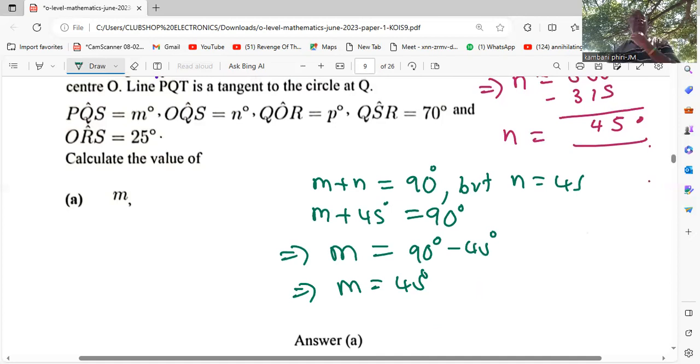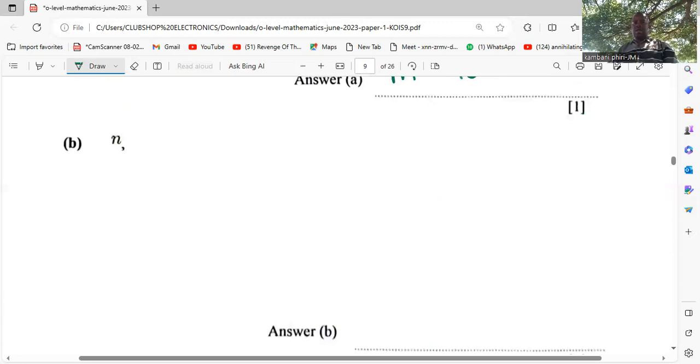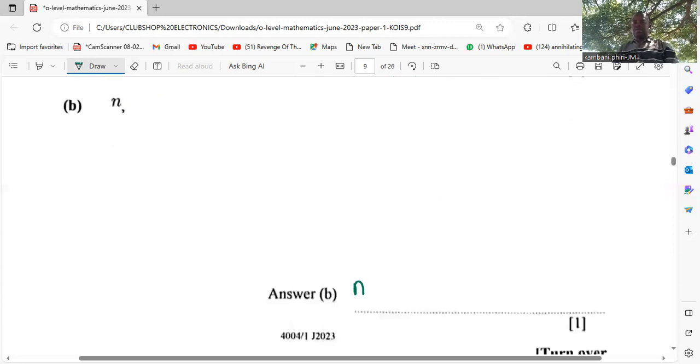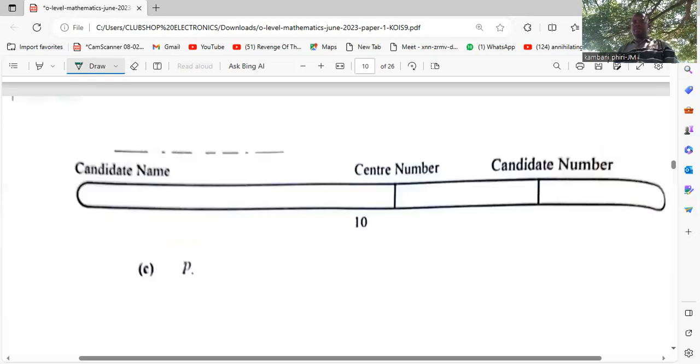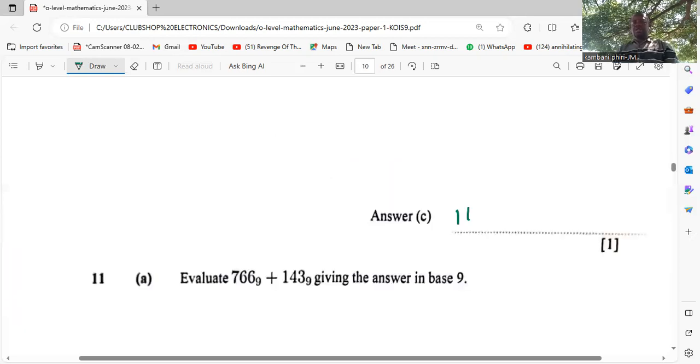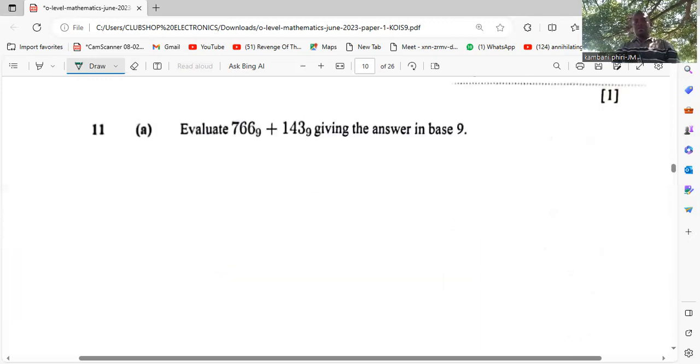So basically that is how you can get that. So our M is 45 degrees, our N is 45 degrees, our P is 140.